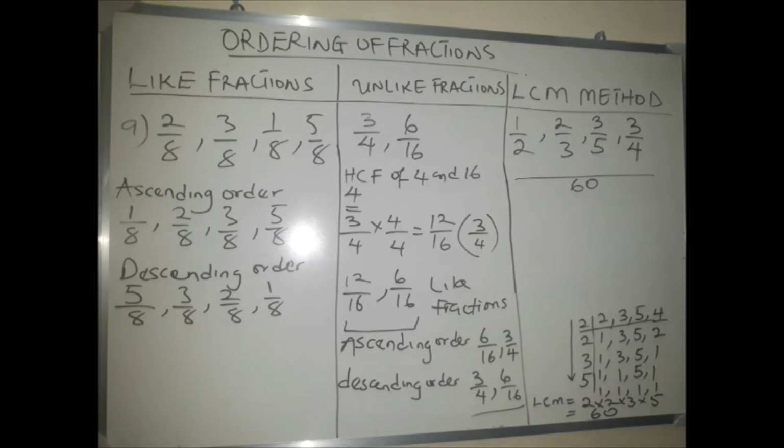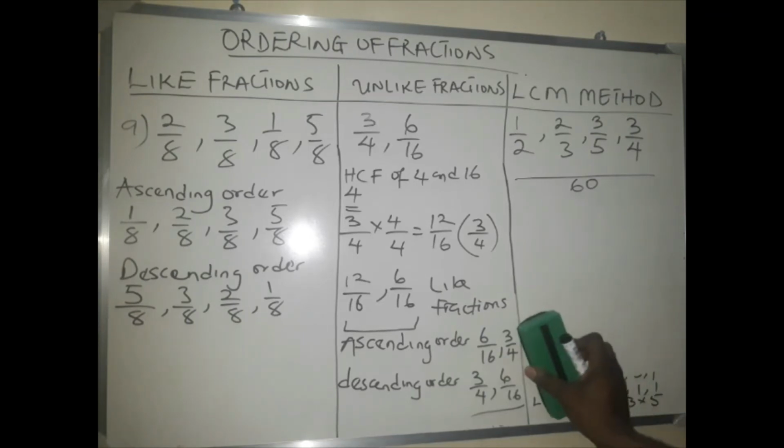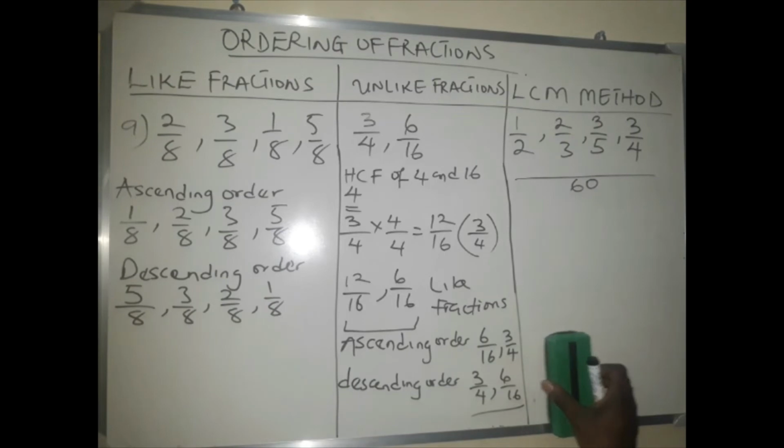Now you also have to be very careful in this next step, because this next step will help us to determine which of the fractions is the smallest, which is the largest, and the ones in between. So now that you've gotten the LCM of the denominators, like I said, you draw a line, you put it underneath the line.